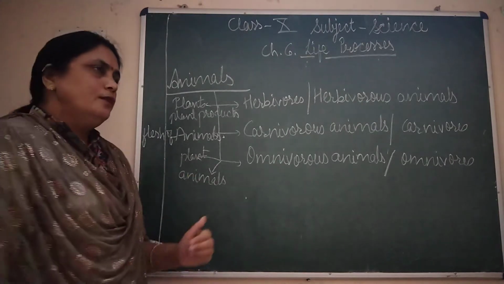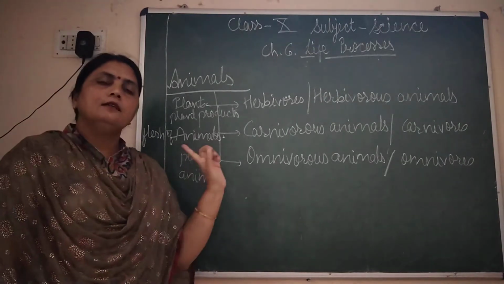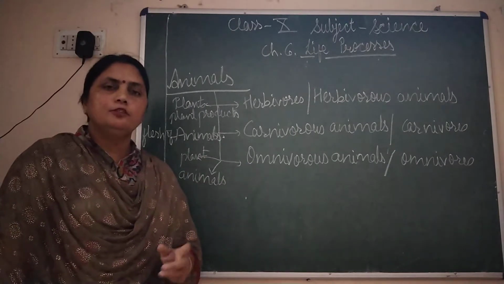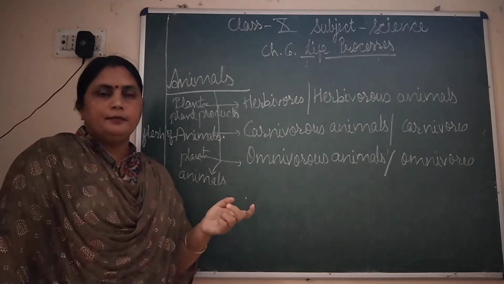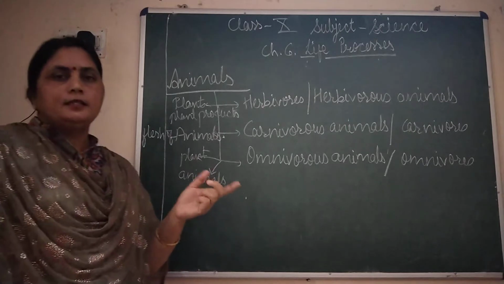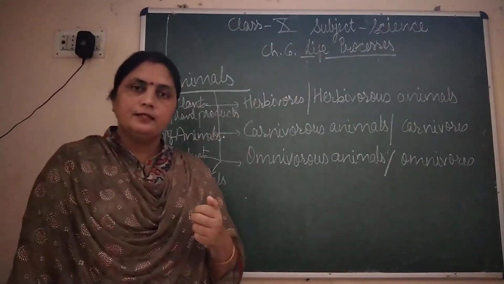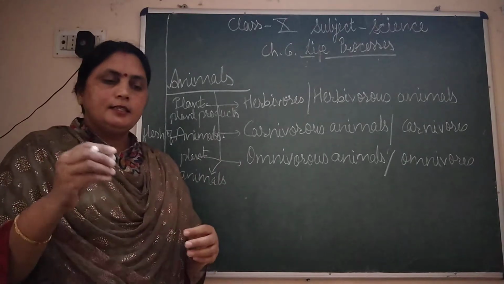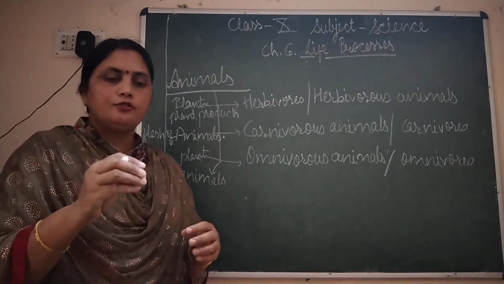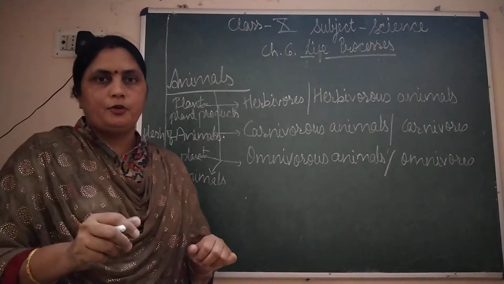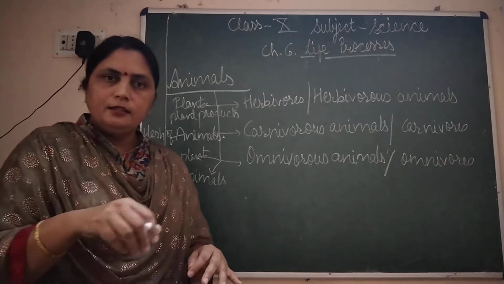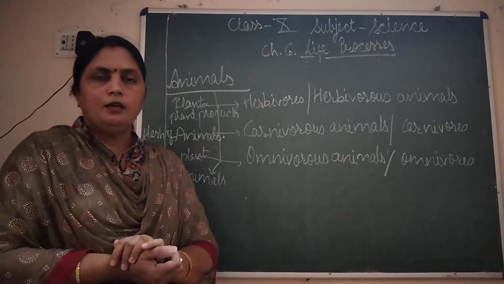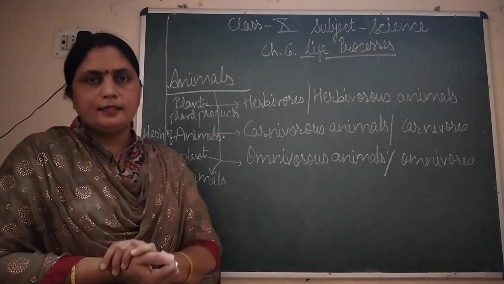Okay. One more thing you must remember, I have discussed in my previous video about holozoic animals and also saprophytes. Saprophytes secrete digestive juice on the food outside their body, digest it and then suck that digested food.